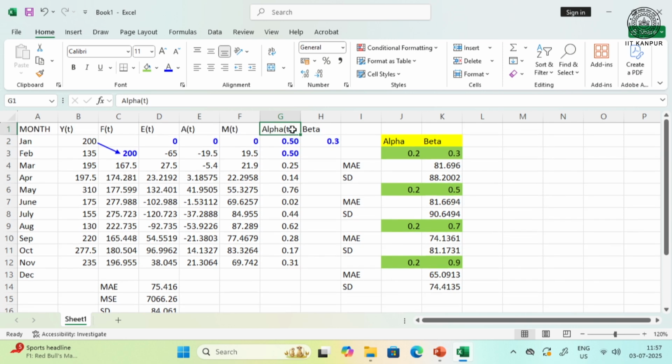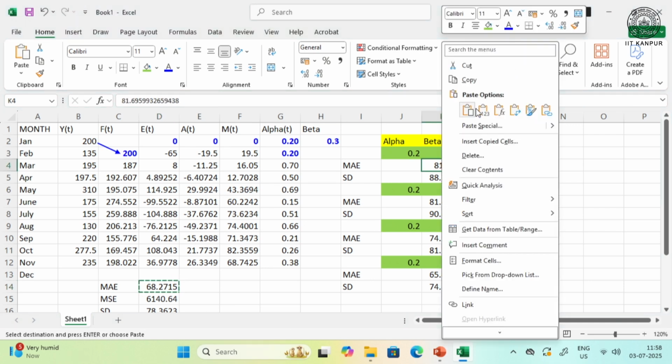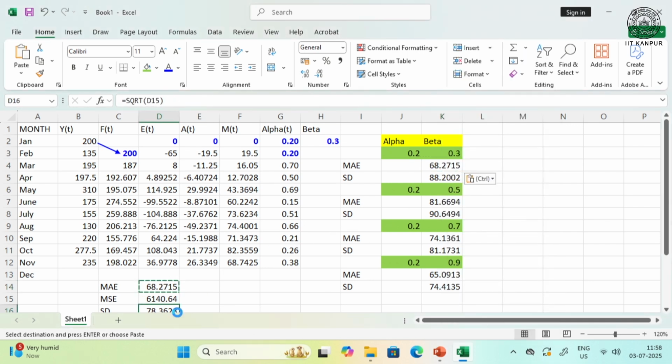Yes, now I understand. So, I will start with 0.2, and for the next value I am repeating the values of January and February and then updating the alphas. So, my mistake was that when I took the value for February for the alpha t being the absolute value of 80, it should be just the last value and it will keep updating. So, if I take 0.2, 0.3, the values of the errors are like this.